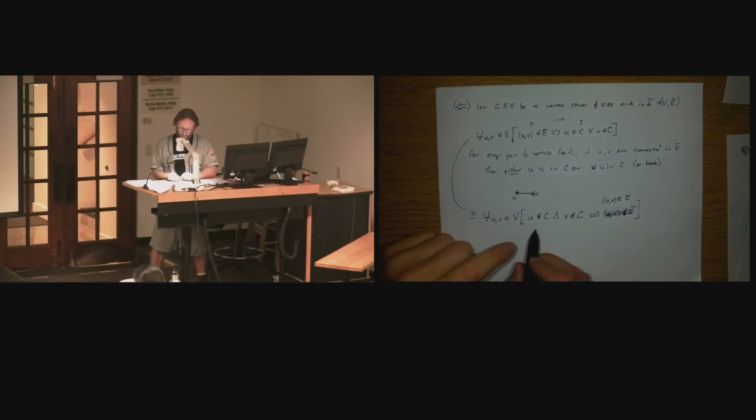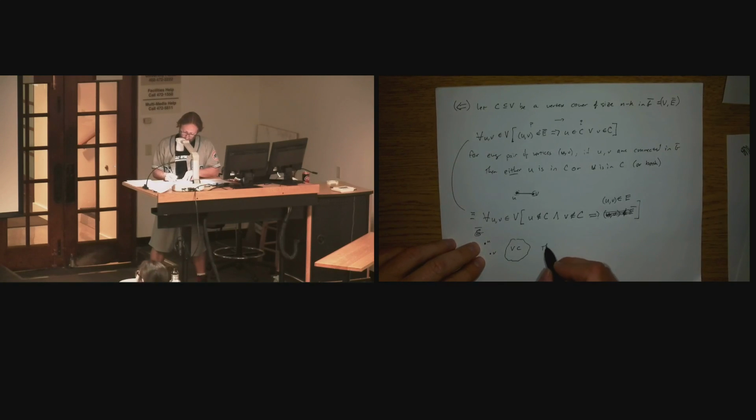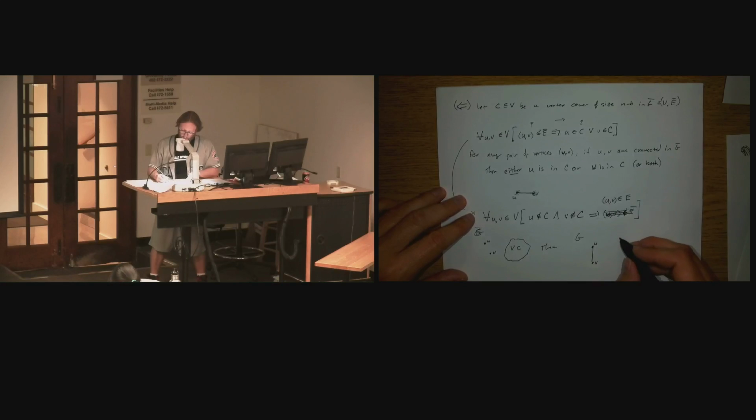So if I've got U and V, and they are not in this vertex cover, in E complement over here, then in G over here, U and V must be connected. So if you take everything outside of this vertex cover, in other words, V minus C, everything will be connected outside here.